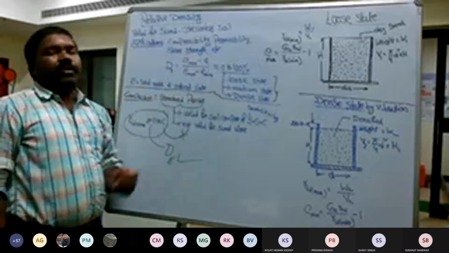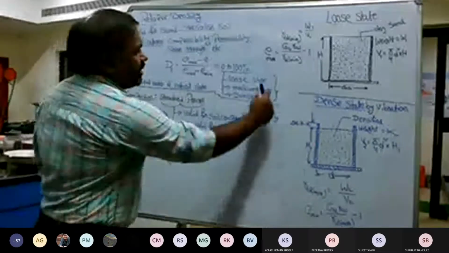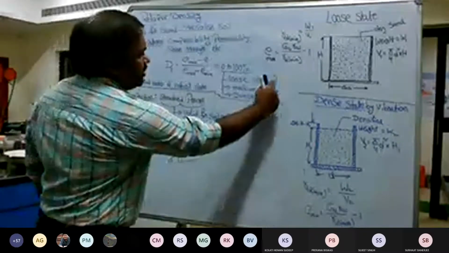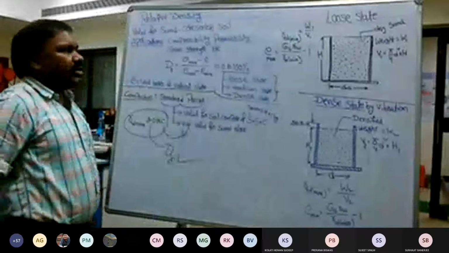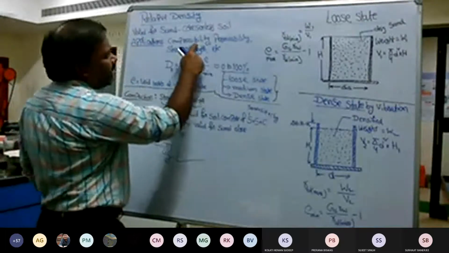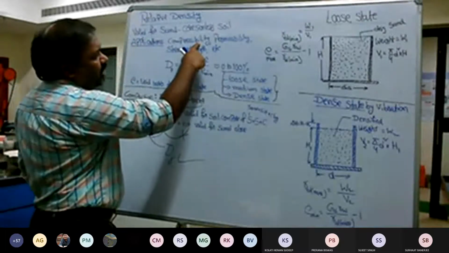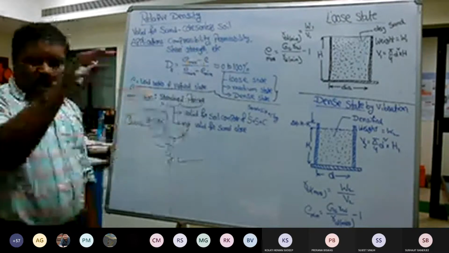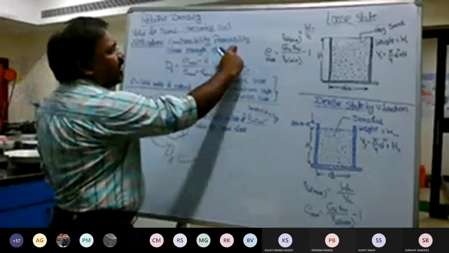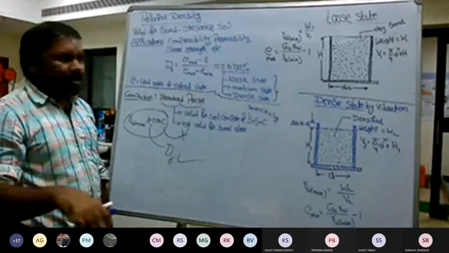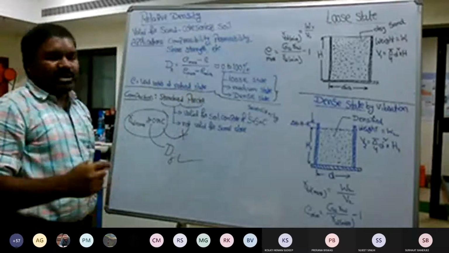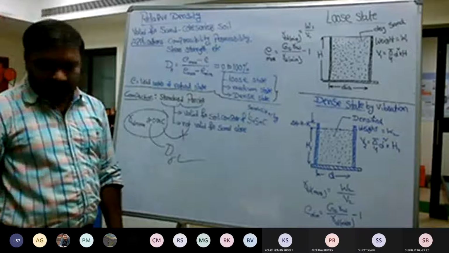Well, it is not only the settlement. When the material is transformed from the loose state to the dense state, you are inherently changing its properties: from high compressibility to low compressibility, from a highly permeable material to a low permeable material, and from low shear strength to higher strength.